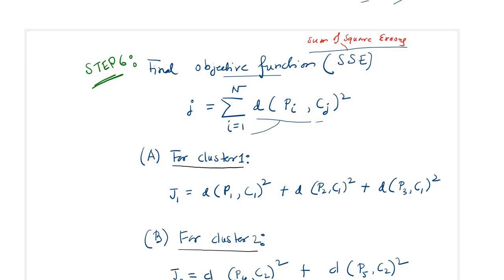For cluster 1, the objective function J1 is defined as d of p1 c1 squared plus d of p2 c1 squared plus d of p3 c1 squared. This is nothing but the same thing which we already computed here.